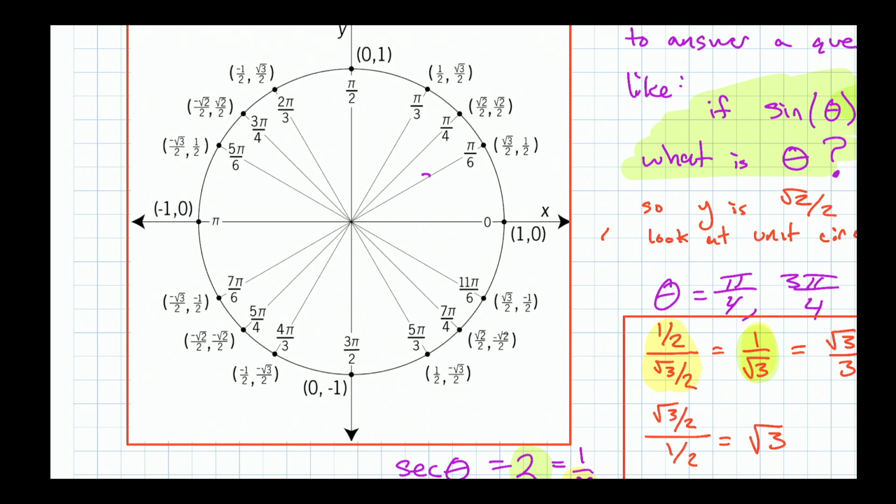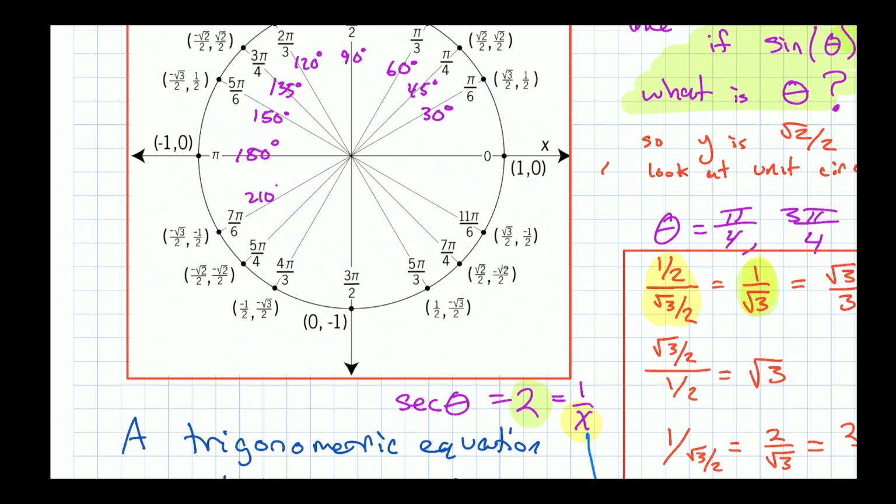This is 30, 45, 60, 90, 120, 135, 150, 180, 210, 225, 240, 270, 300.